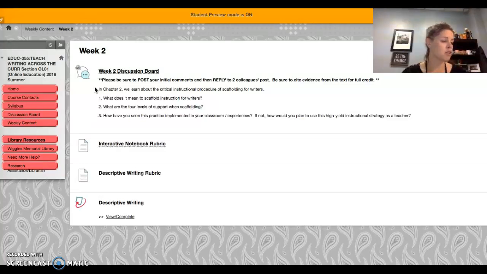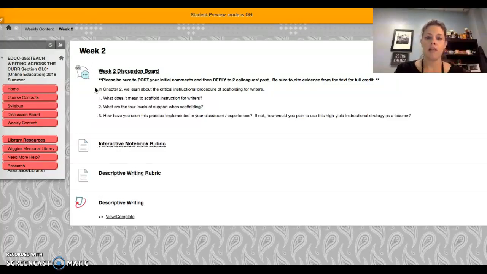Chapter 2 speaks to 12 different strategies, and throughout the chapter they give examples of those strategies and some ways that you might look for or apply some practices when you're trying to build up those abilities within students as they're writing.